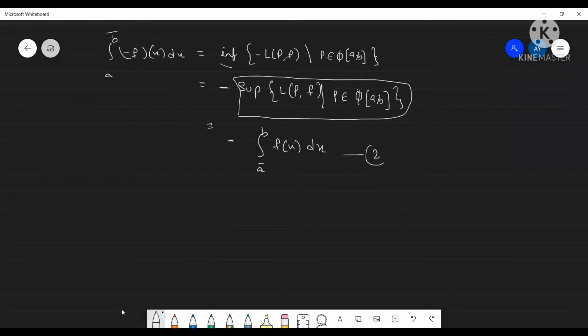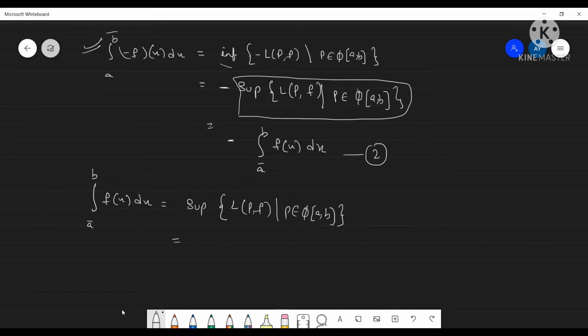Okay, this is a definition. Let this be equation 2. Now let us define the lower integral a to b of f of x dx. Obviously it is the supremum of L(P, f), by the definition, such that P belongs to phi of a, b.